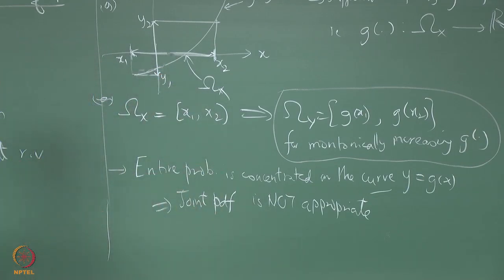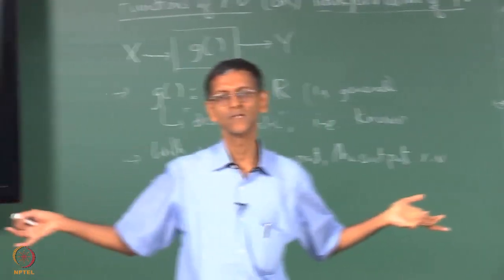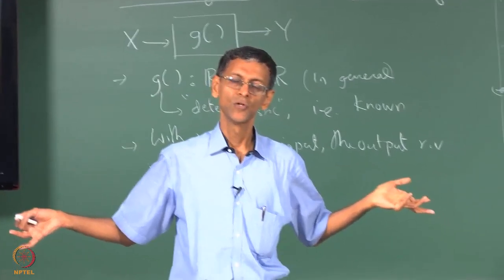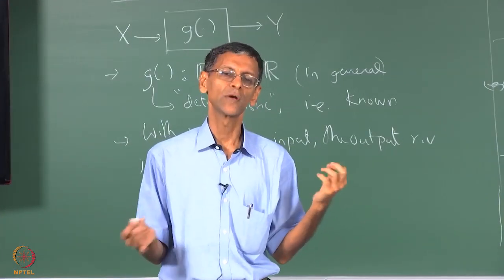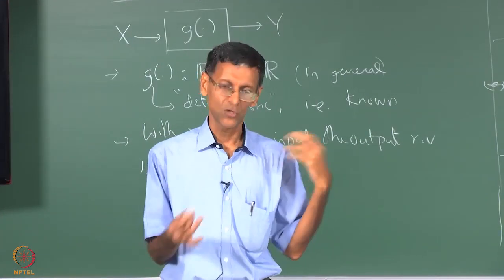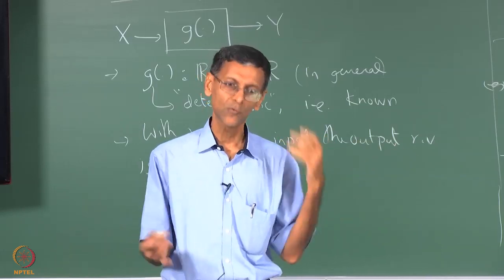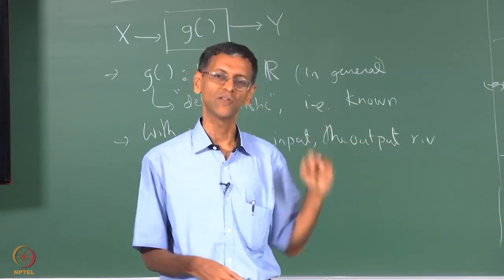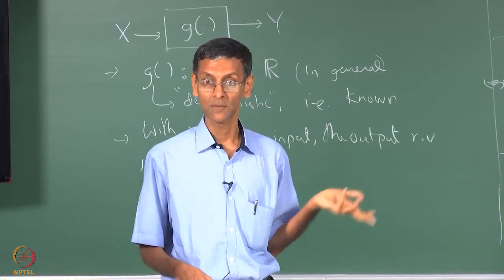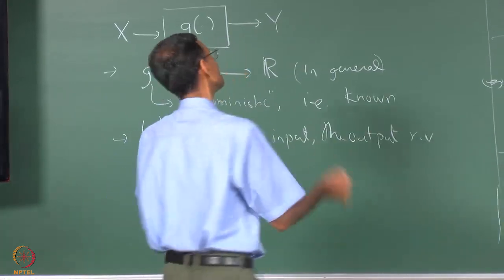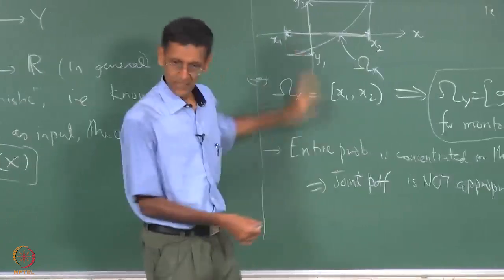You know exactly what is the value of y. Y has to take the value g of x naught. So the conditional PMF, y becomes a deterministic quantity. With probability 1 it will only take the value g of x naught when x takes the value x naught. So you also have that going for you in such a situation.